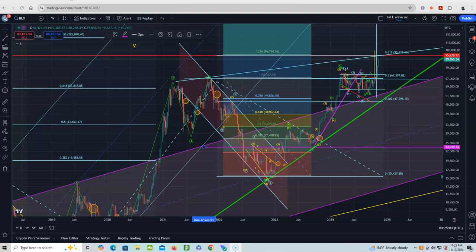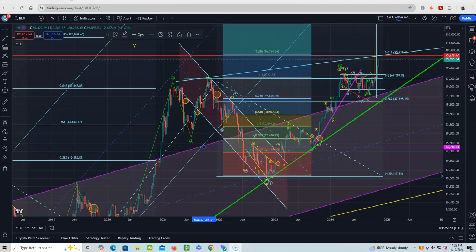And for tonight's episode, we'll be going over none other than Bitcoin. We'll be looking at the bear case and potentially the bull case. Before we begin the count, we're going to be going over the prior bear count that was invalidated.